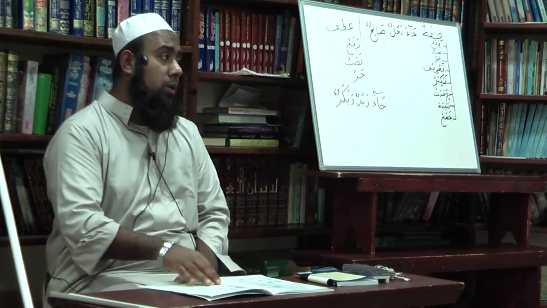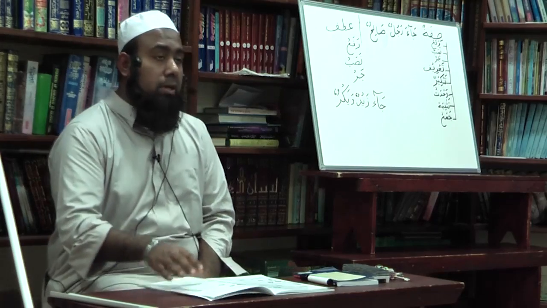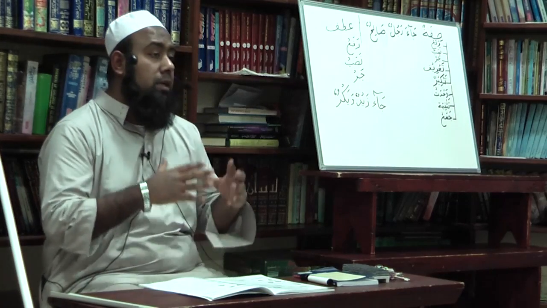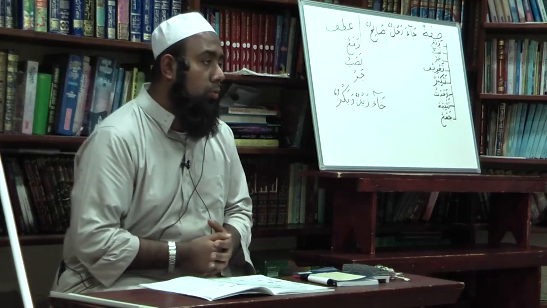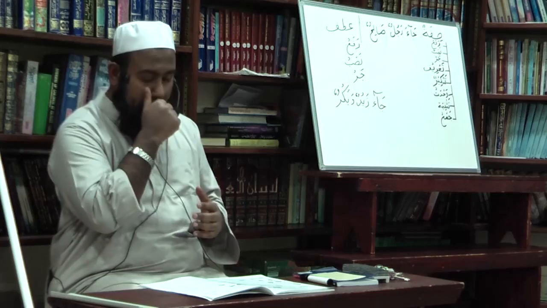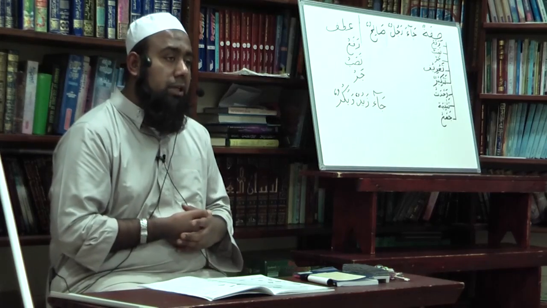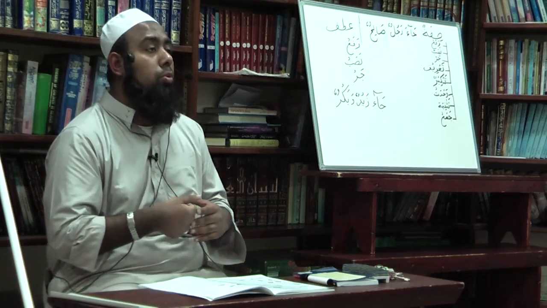But like I said before, sometimes the sifat, the describing element, can come in the shape of a sentence. For example, Ja'a Zaydun Abuhu Alimun.